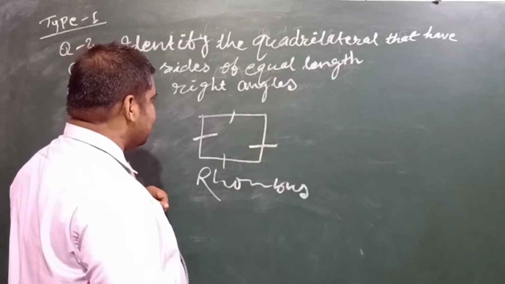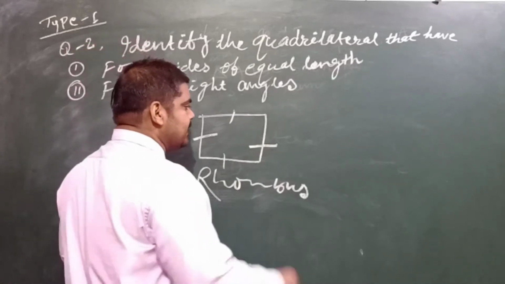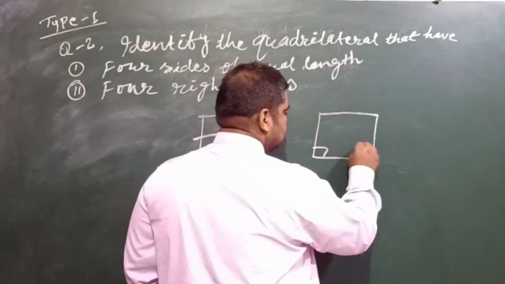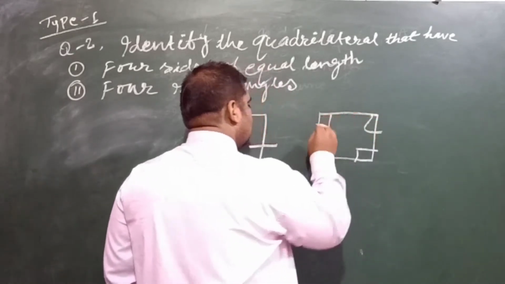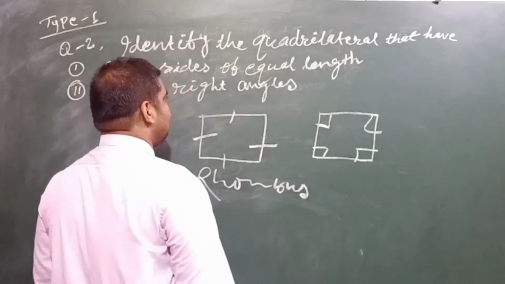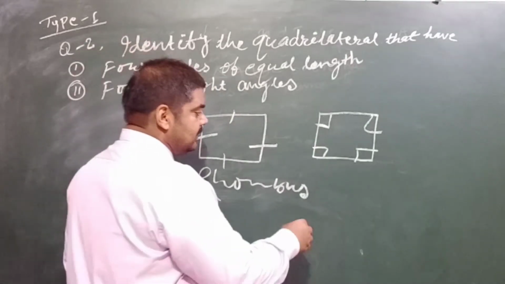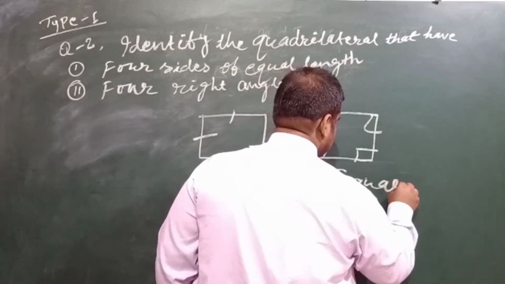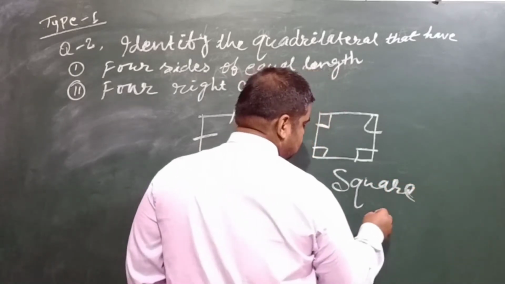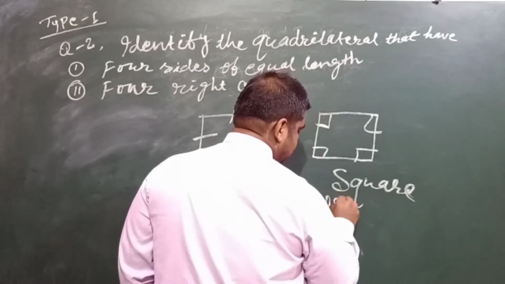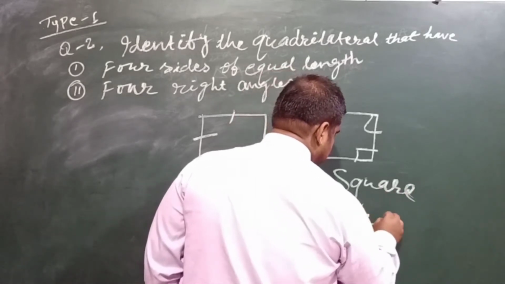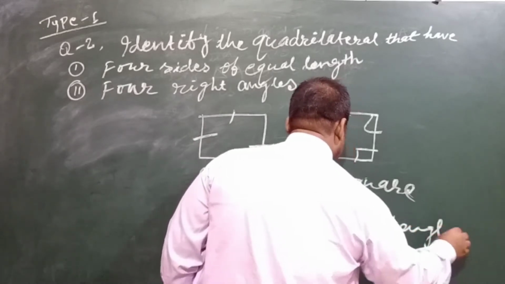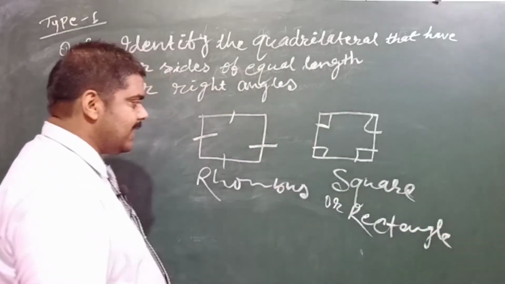Second, it has been given four right angles, and you know that the quadrilateral whose all angles are 90 degrees, four right angles, will be either a square or a rectangle, because a rectangle also has four right angles.